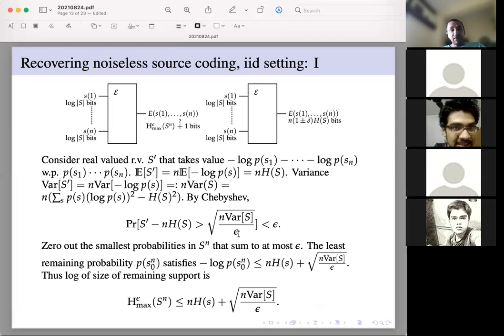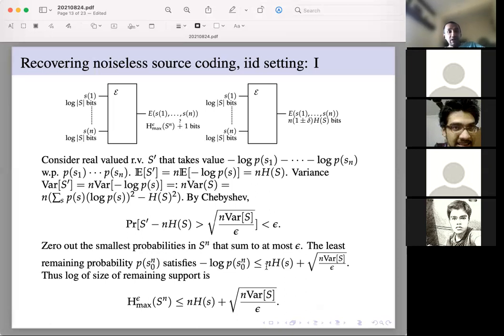Now, if I've zeroed out the smallest probabilities that sum to at most epsilon, that means I may have zeroed out some of the guys that satisfy this threshold, but definitely I cannot zero out any guy which does not satisfy the Chebyshev threshold. And the smallest sample point which is not zeroed out will not satisfy the Chebyshev threshold.